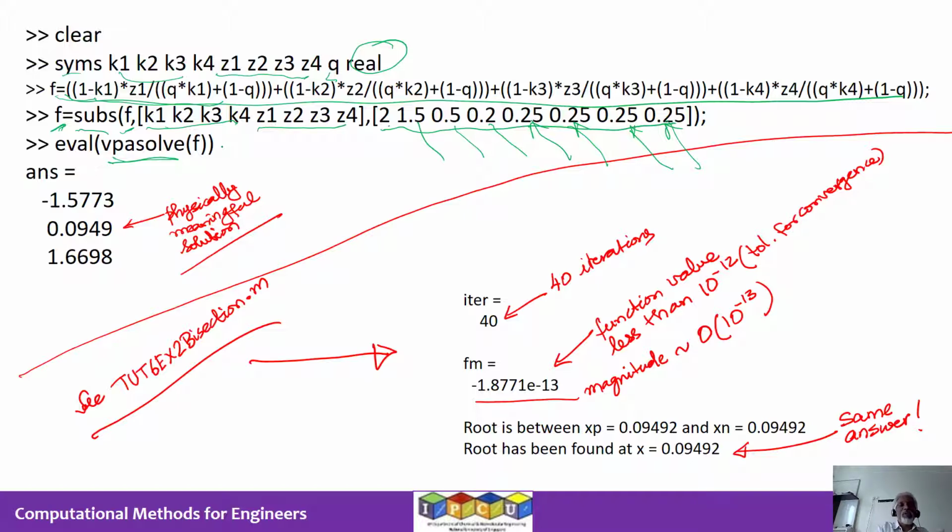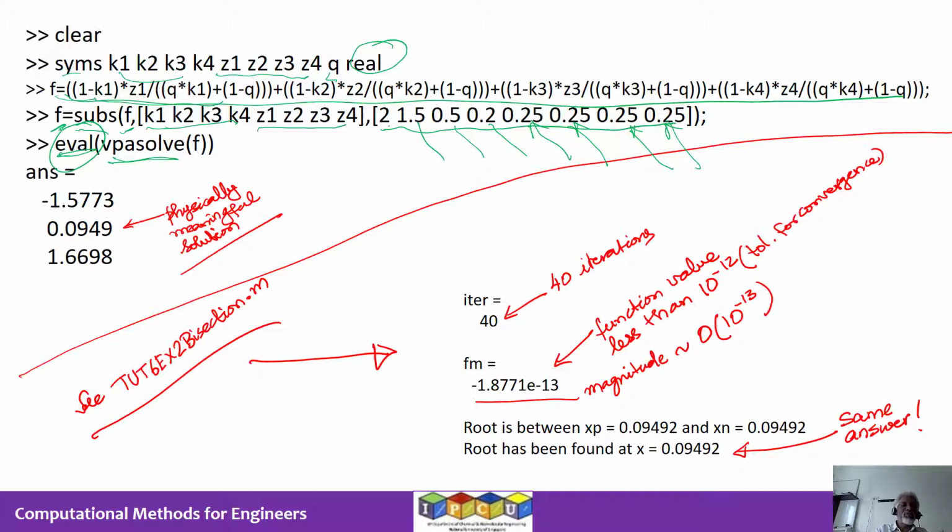I also use eval outside, because when VPA solves for the values of Q that satisfy F of Q equal to 0, it is going to leave the results as symbols, and we want the results in terms of numbers. The eval command helps to convert symbols to numbers.